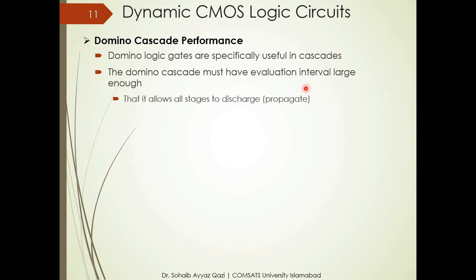So if we want all stages to fall, it means that the evaluation interval must be large। So that will allow all stages to discharge, or we can say that the output will propagate from stage 1 to the last stage। So what factors limit this evaluation interval?